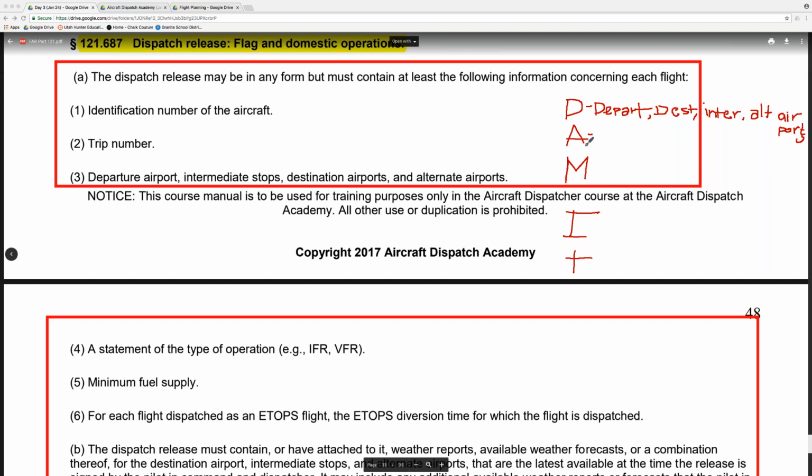Okay. A stands for type of flight. So you have to list a type of flight.